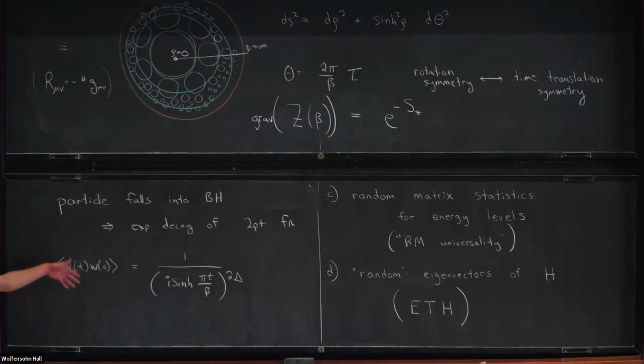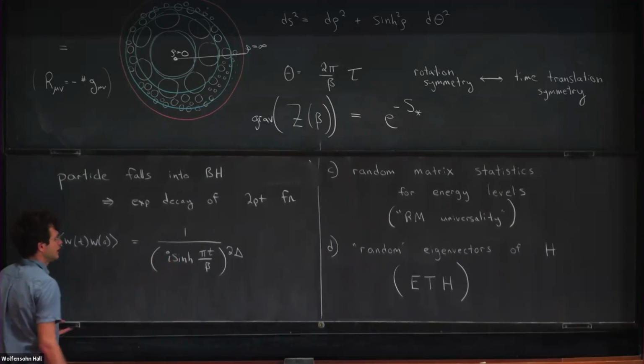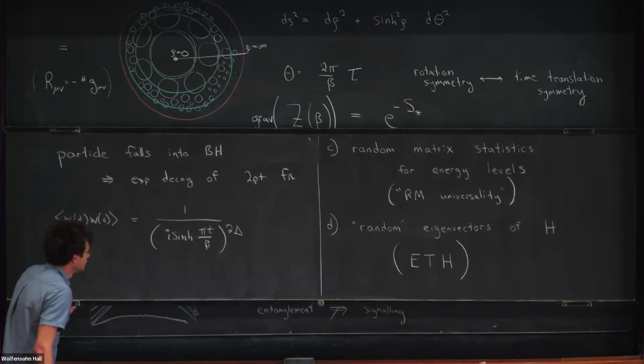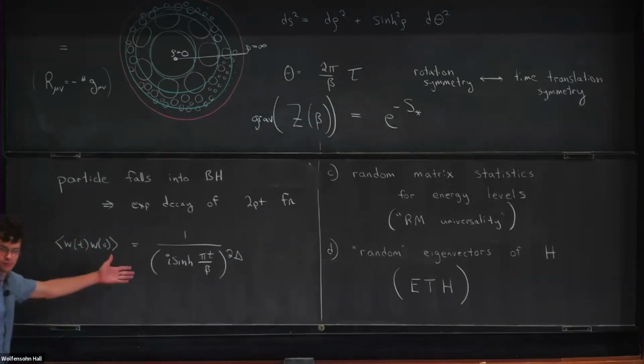Depends on what kind of free field is associated, what mass of free field is associated to this particle, to this operator w. So it decays exponentially. This is an easy computation to do, but I will not do it unless somebody wants to see it.